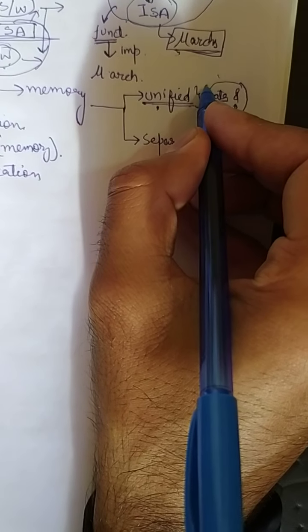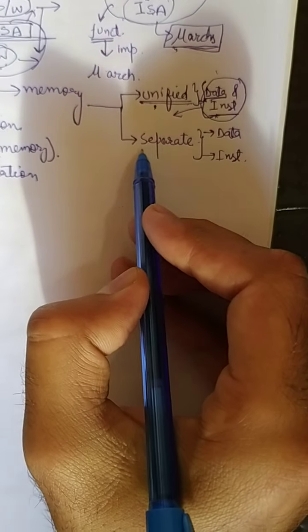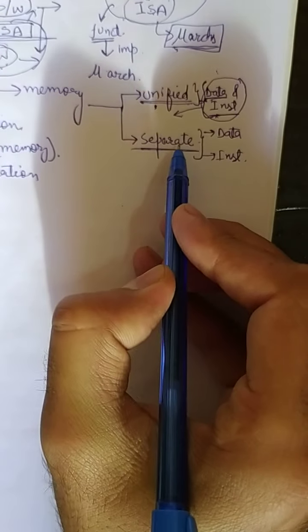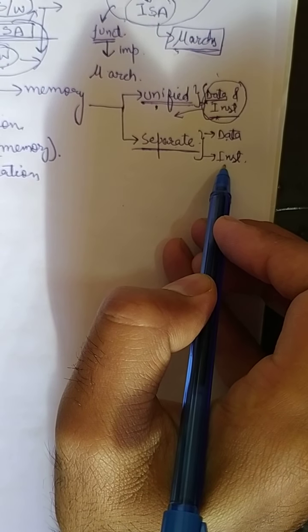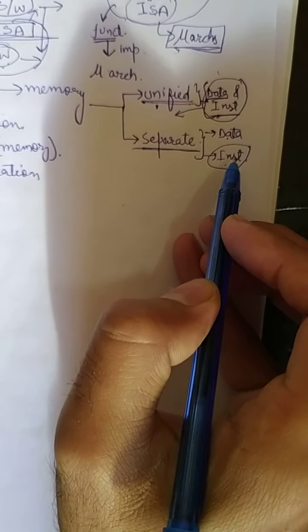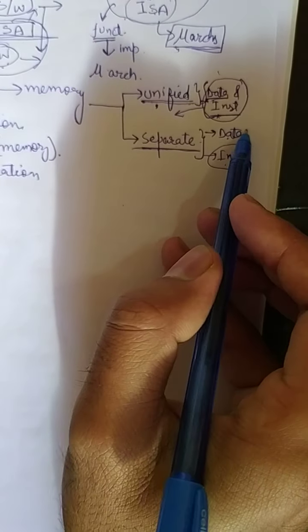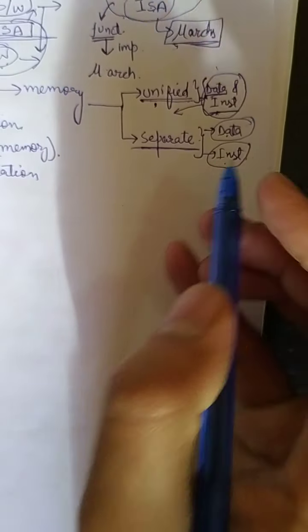So we need some type of control to differentiate which stream is data and which stream is instruction. But that is not the case in the model where we use separate memory for data and separate memory for instruction. If we are taking an instruction, then we have to go to the instruction memory. If we want data, then we have to go to the data memory.